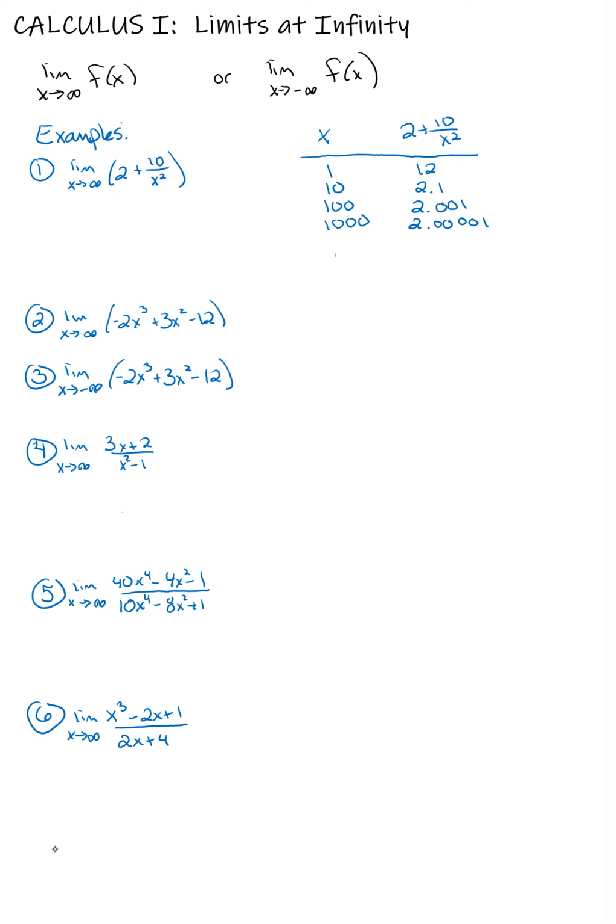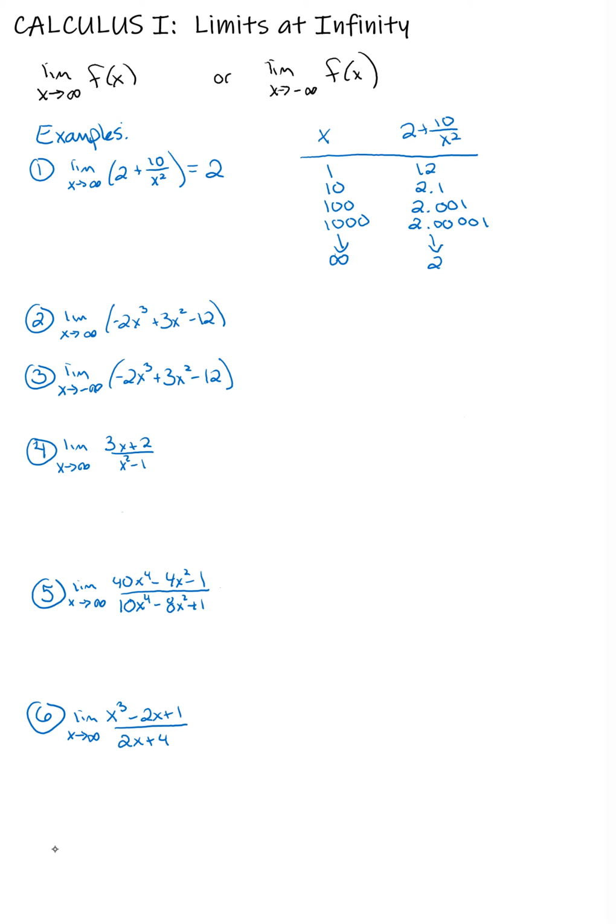All right, so you'll notice that as these x values are getting larger and larger, the function values, my y values if you will, look like they're all getting pretty close to 2. If I keep going in this pattern, I'll just get smaller and smaller bits behind the decimal, and so I end up with just a value of 2. So it turns out this limit is 2, and that's the basic idea behind a limit as x approaches infinity.